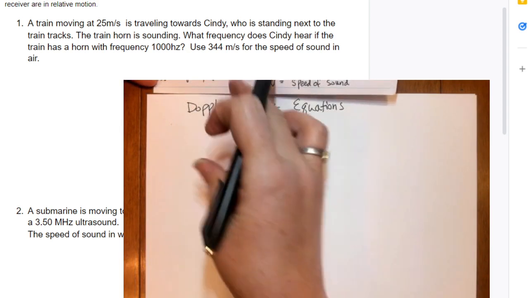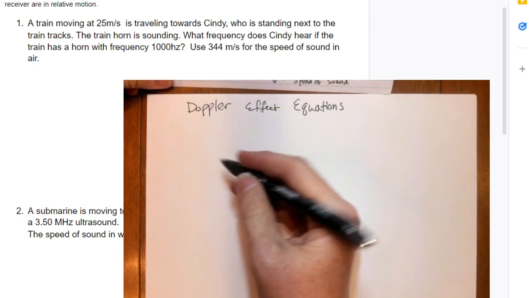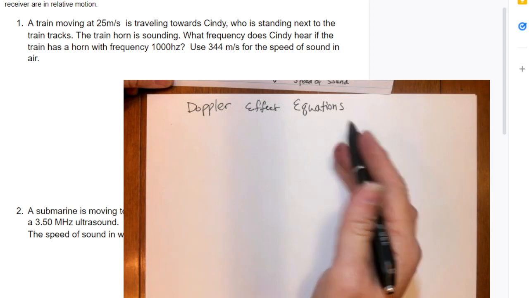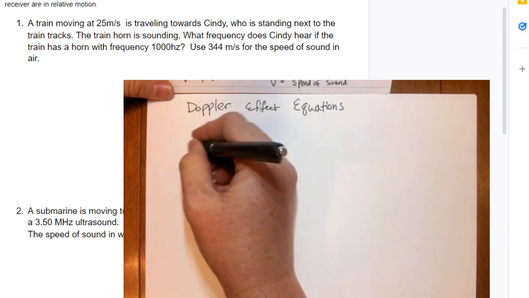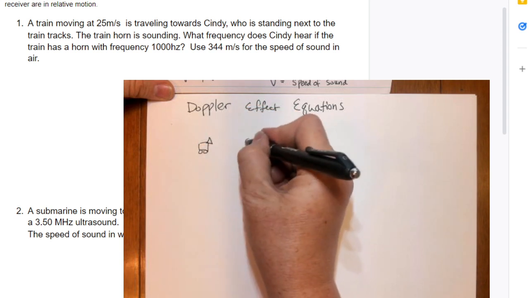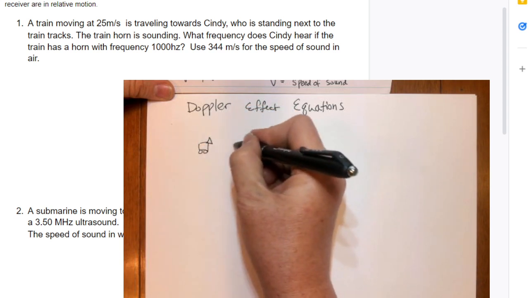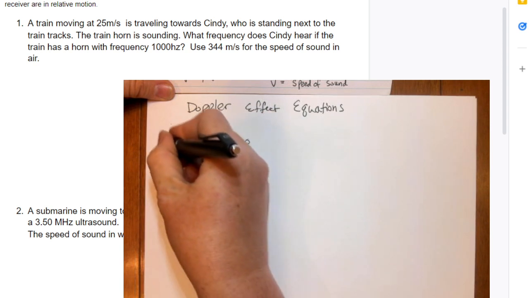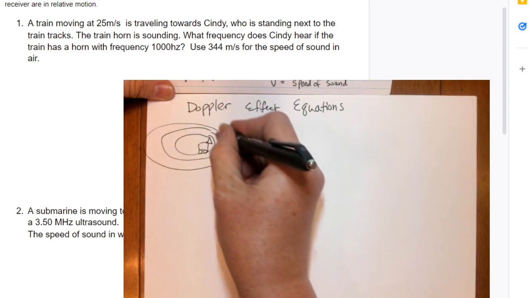Okay, to use the Doppler effect equations, you need to know if the sound source is moving towards you or away from you. So in one case, let's just use an ambulance because that's my favorite. The ambulance is moving towards some observer, and the sound waves are stretched out behind it.